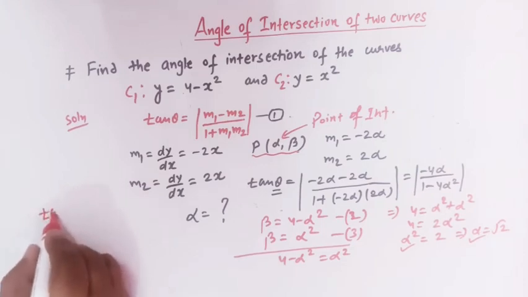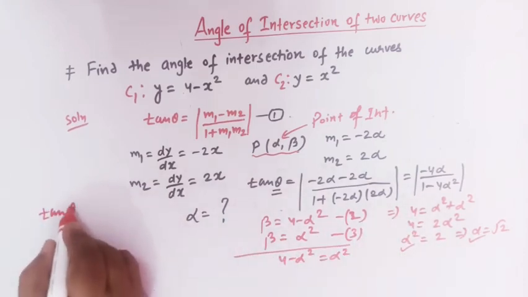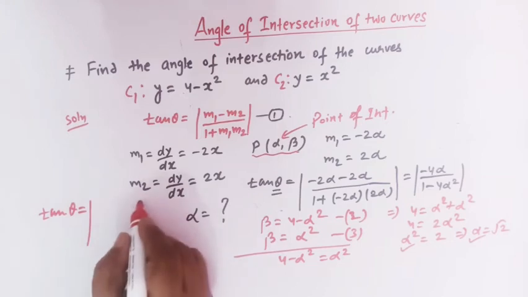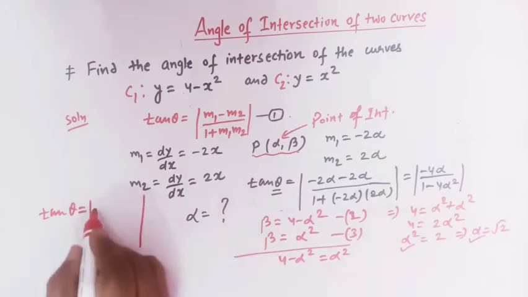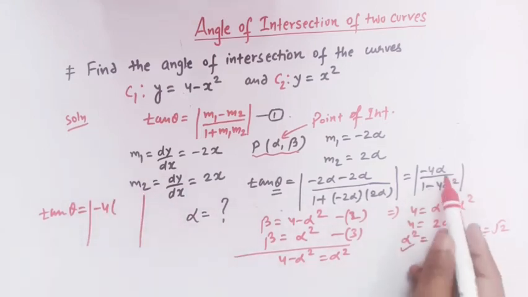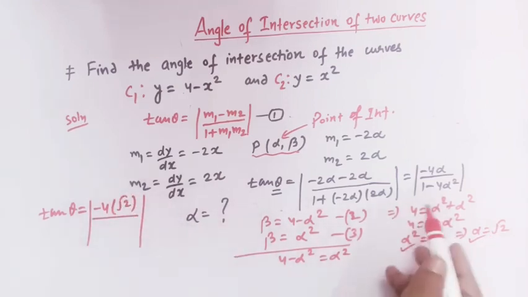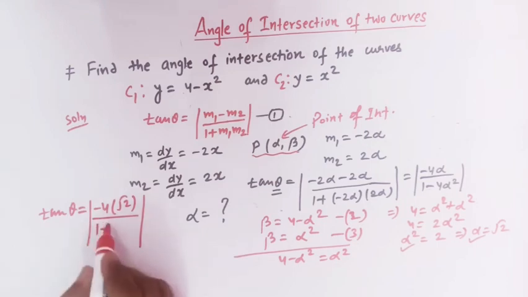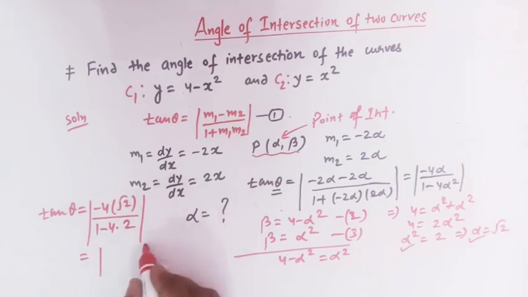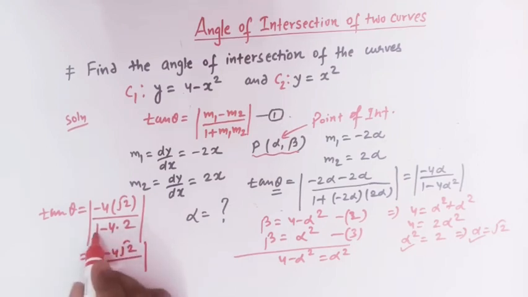So what we will have, tan theta is equal to absolute value of minus 4 times alpha. Alpha is root 2, and here we have 1 minus 4 times alpha square, which is 2. Now this is mod of minus 4 root 2 divided by 1 minus 8, that is minus 7.